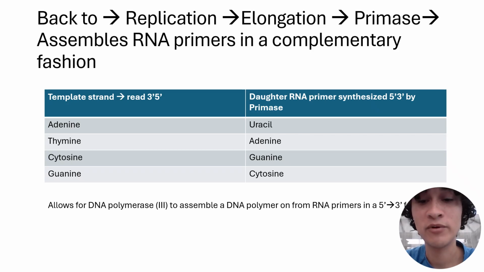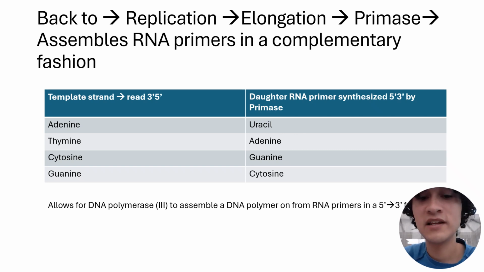DNA polymerase reads the template parent strands in a 3 to 5 prime direction, and it assembles the nucleotide polymer in a 5 to 3 prime direction. So we want that hydroxyl group exposed to act as a nucleophile to accept that alpha phosphate from the incoming ribonucleotide triphosphates. The reason we did that stepwise phosphorylation process is because we need that phosphoanhydride bond to give us the free energy to allow for that bond formation to occur.